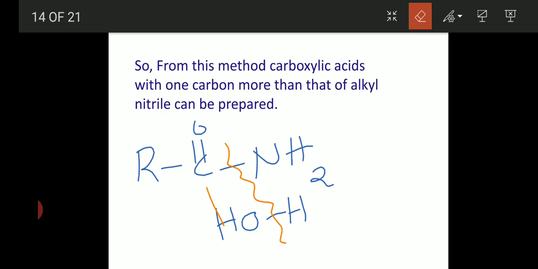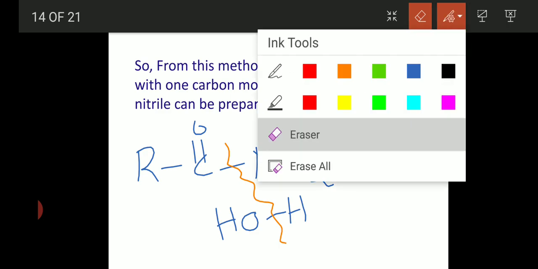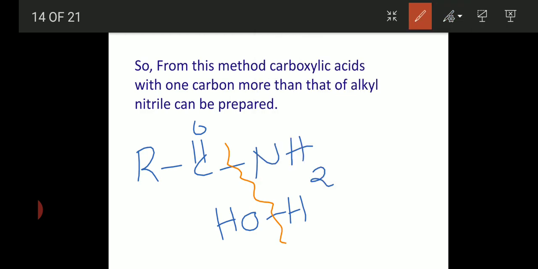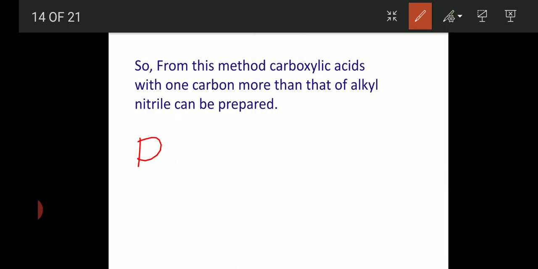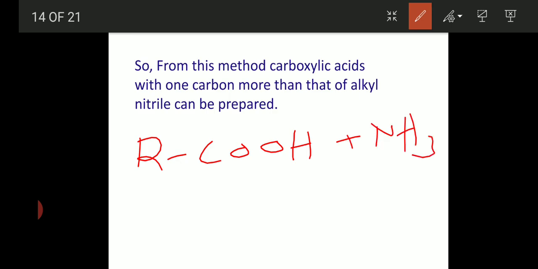That's why keeping bonds in organic chemistry is very important. What will happen? RCOOH and NH3 are formed.